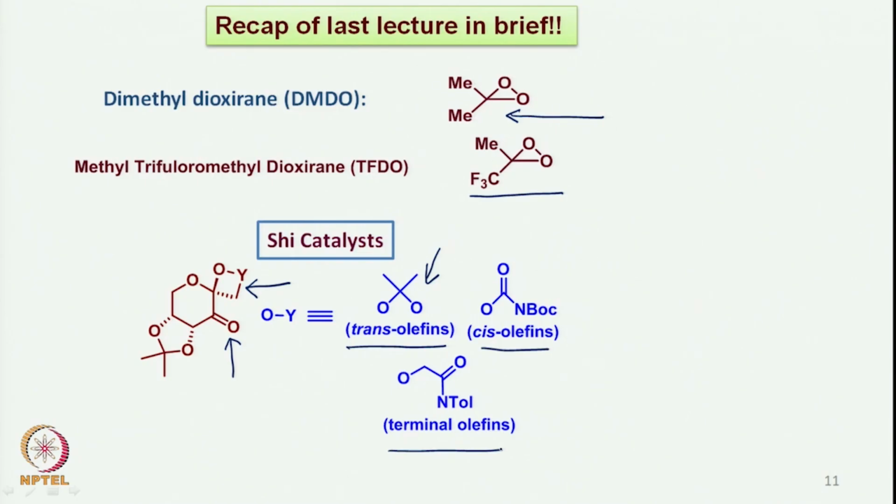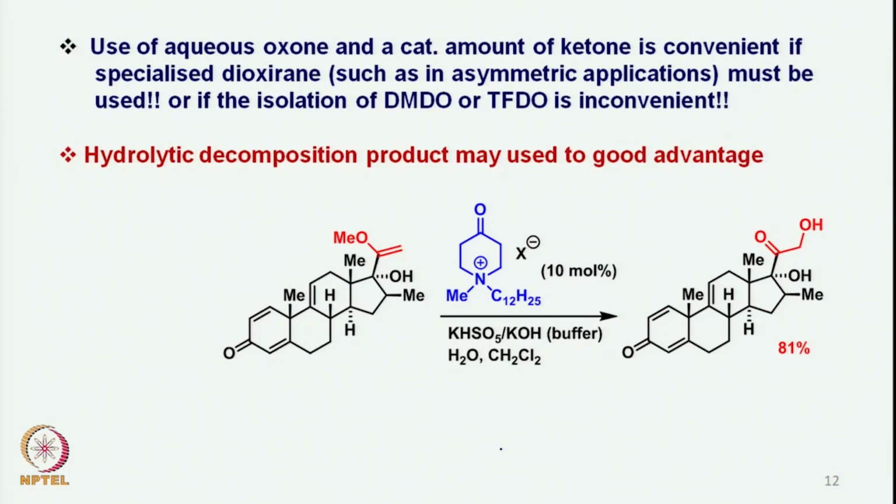Now, let us go further today with the utility of the dimethyl dioxazine or other dioxazines in organic chemistry. The use of oxone and a catalytic amount of a ketone is thus convenient.